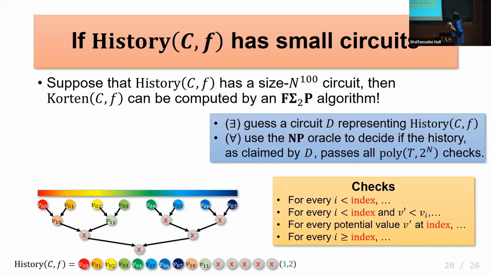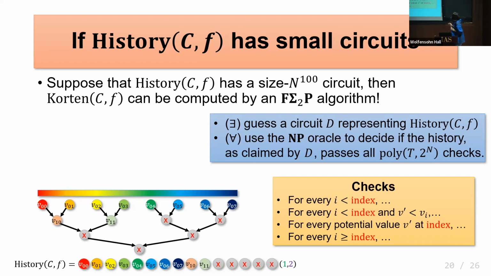And how do we simulate it? We use the first existential quantifier to guess a small circuit D that represents the history. And then we use the universal quantifier along with the checks I mentioned before to verify the circuit indeed encodes the history.